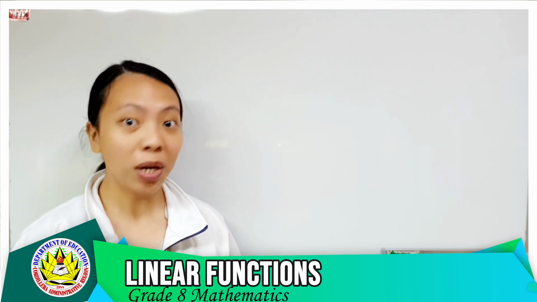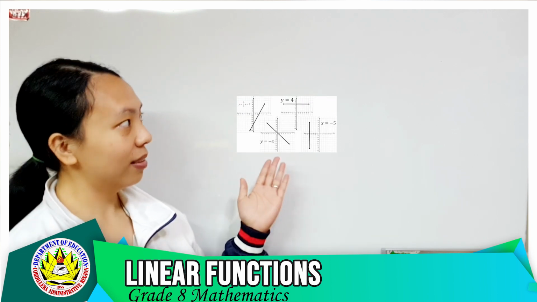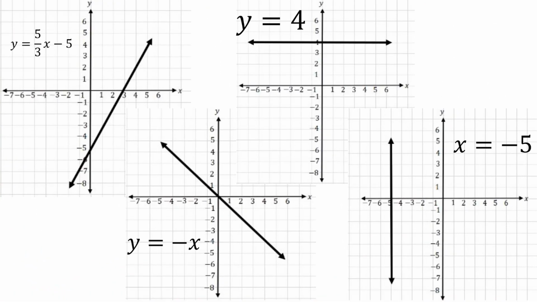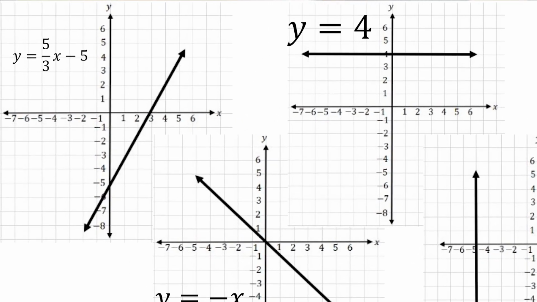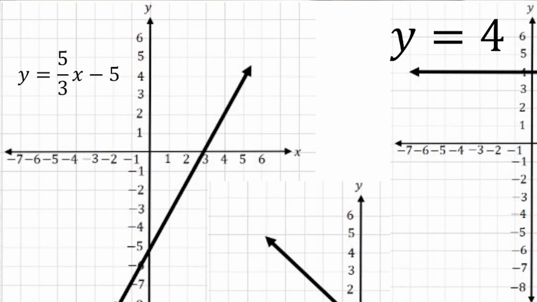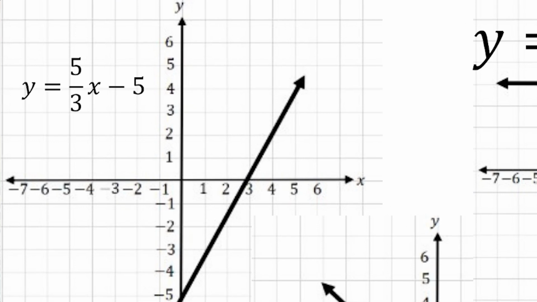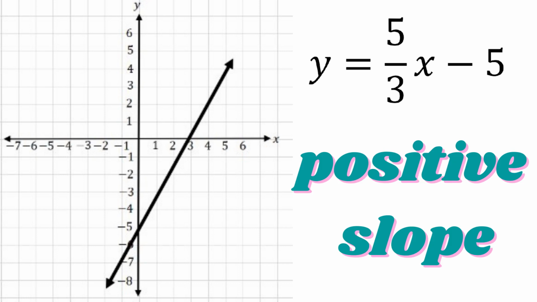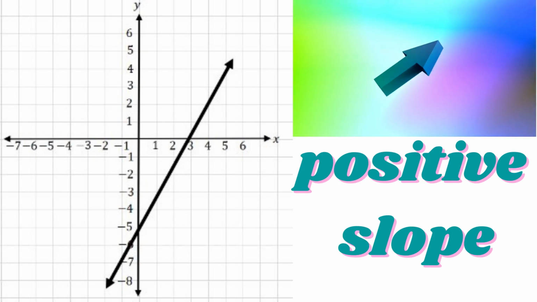Let's find out more about this using these graphs. Let's take a look at the graph of the equation y is equal to 5/3 x minus 5. It is a line with a positive slope. Why? Because it is rising from left to right.